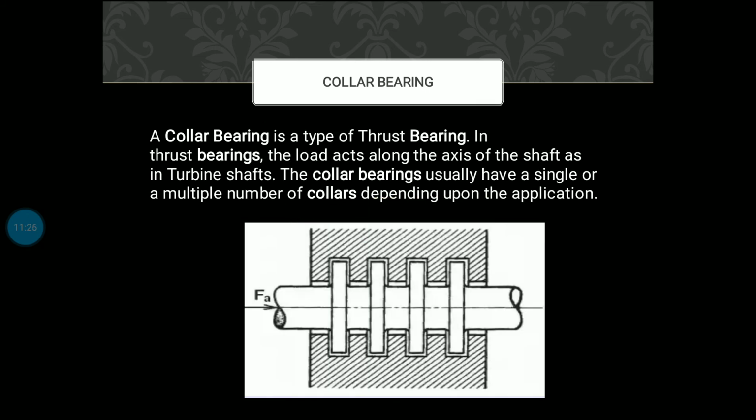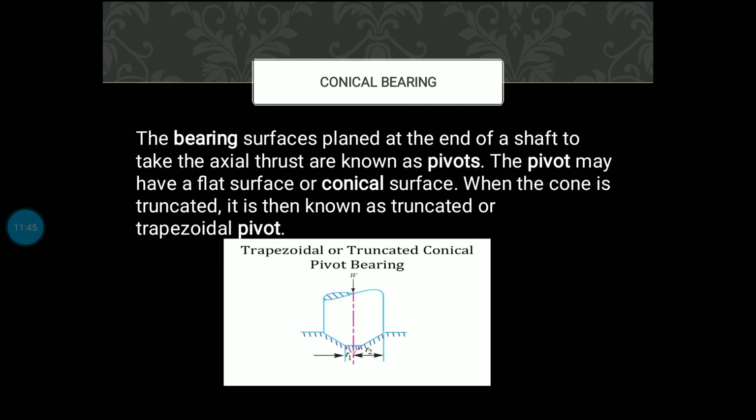Collar bearing. The collar bearing is a type of thrust bearing. In thrust bearing, the load acts along the axis of the shaft, as in turbine shafts. The collar bearing usually has a single or multiple number of collars depending upon the applications. Conical bearing. The bearing surface placed at the end of a shaft to take the axial thrust is known as pivots.